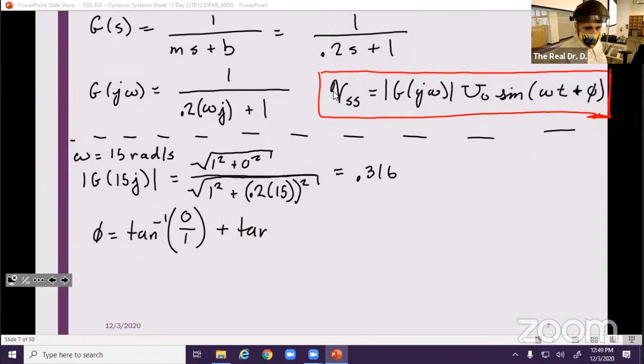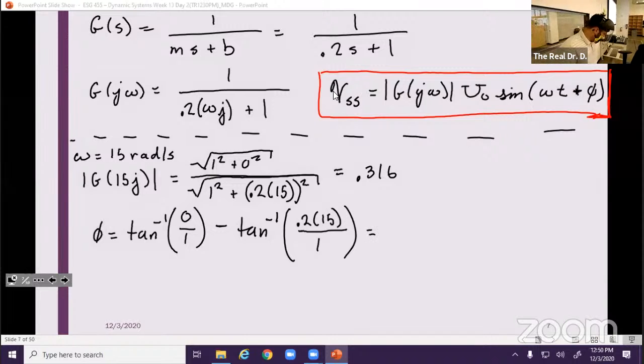minus the tan inverse, oh, sorry, not plus, minus. Why is it minus? Remember, we went over this last class. Because of the polar form, you have e to the j phi 1 over e to the j phi 2, and when you combine two exponents by division, you subtract them. The imaginary portion here is 0.2 times 15 divided by 1.